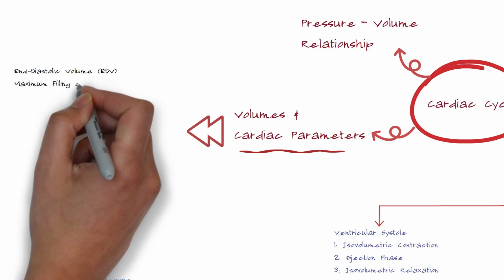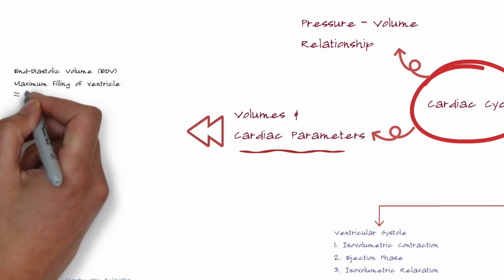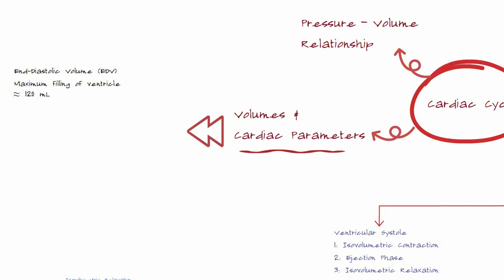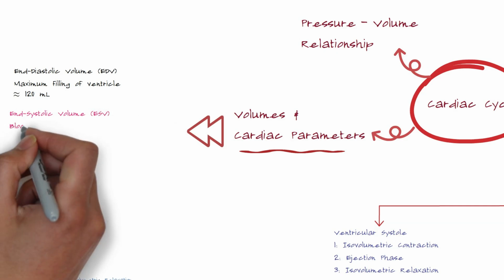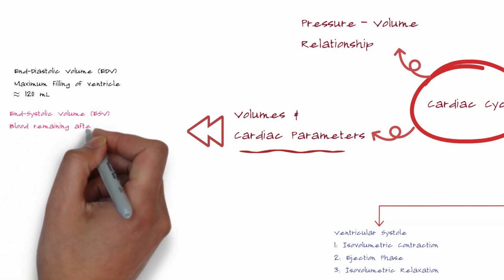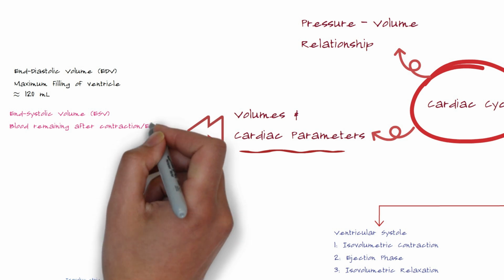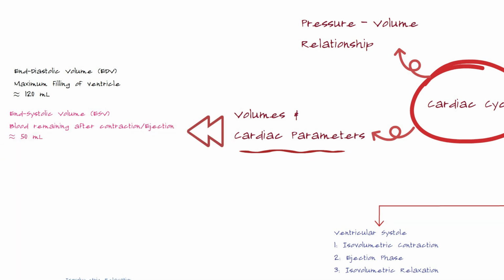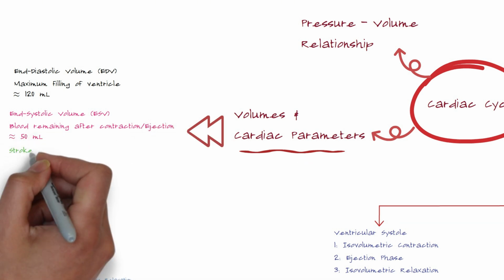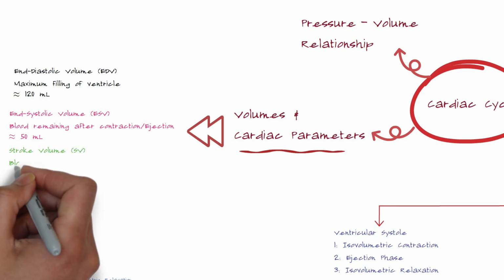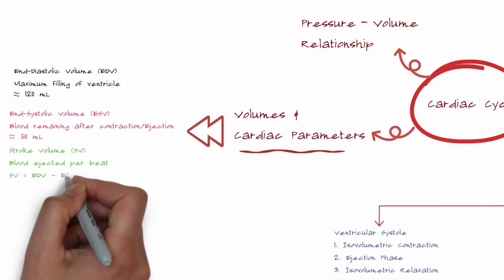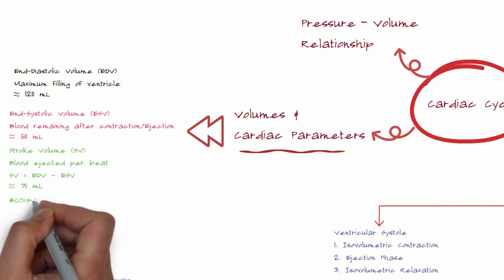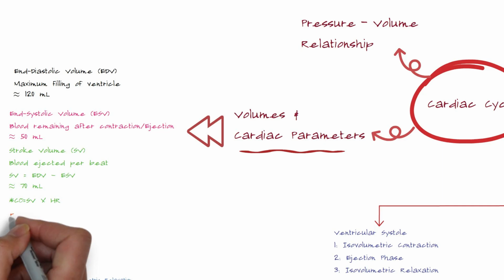Second is the end-systolic volume, the blood that remains after the contraction, so it is the minimum blood staying in the ventricle at the end of the systole, almost around 50 milliliters. The stroke volume is the blood ejected per beat, so stroke volume equals the end-diastolic volume minus the end-systolic volume, which is around 70 milliliters.